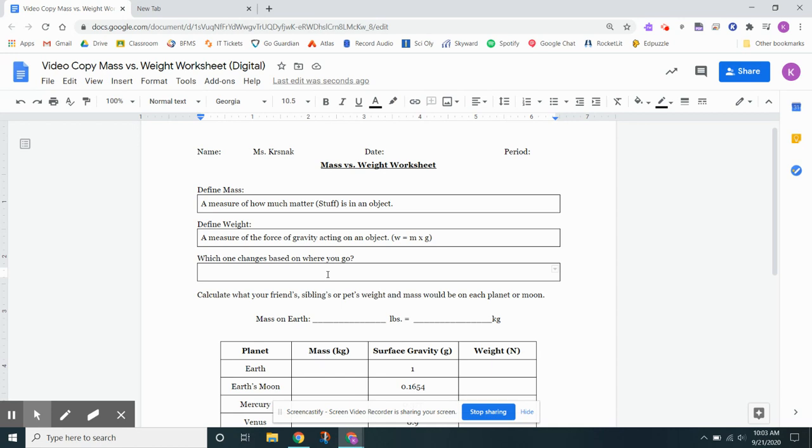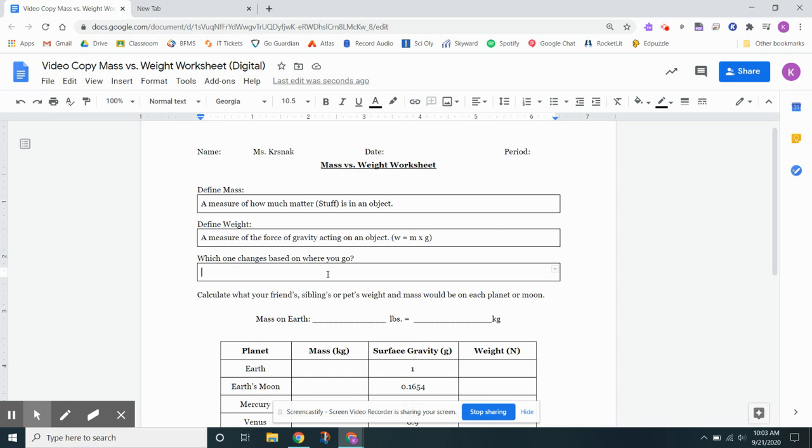And then it asks us which one of these changes based on where we go. Okay, so we know that mass is always going to be the same. It's constant, right? The amount of atoms that are coming together to make up your notebook are the same whether you have that notebook in the kitchen, at the equator, at the North Pole, on the moon, right? The amount of stuff making up that notebook is the same.